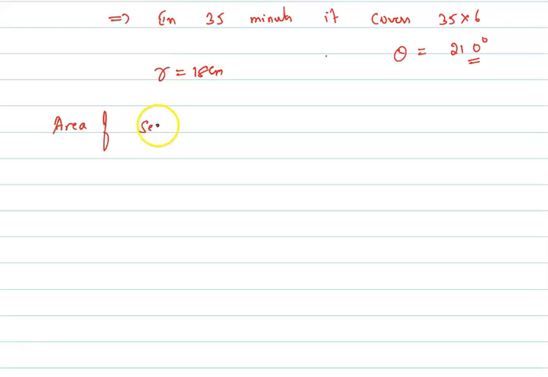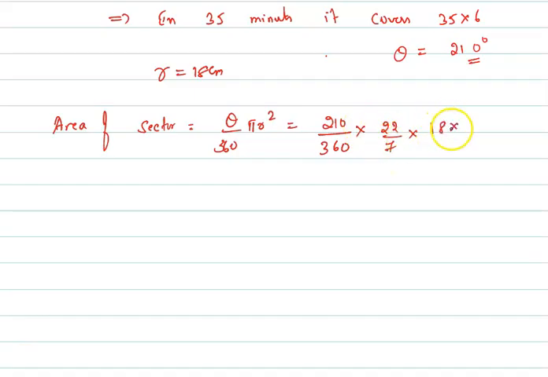Area of sector is equal to theta by 360 into pi r square. Theta is 210 divided by 360, pi is 22 by 7, and r is 18. So r square, two times. The tens get cancelled. 18 1s are 18, 2s are 7... 1s are 7, 3s are 2... 1s are 2, 9s are... So we'll get 9 into 3, 27, into 22.